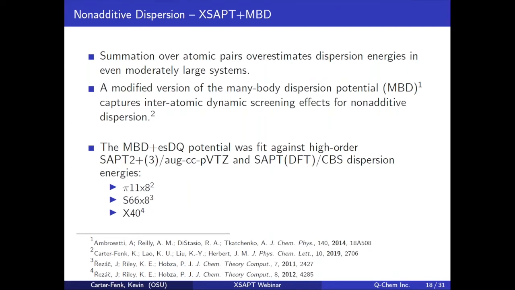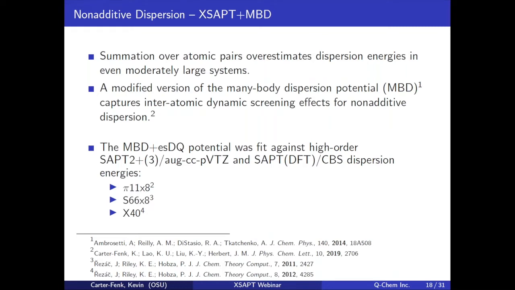And this potential was fit against high order benchmark quality SAPT dispersion data on a very extensive data set. So the most extensive data set that we've done so far for these dispersion corrections, of a total of about 600 systems.